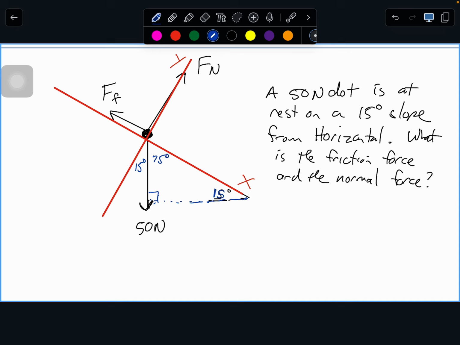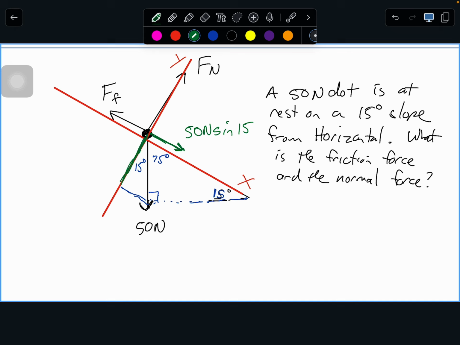So this triangle right here has a 15-degree angle there. When I resolve that x vector, this is going to be 50 newtons times the sine of 15 of that angle, because that's the opposite side.